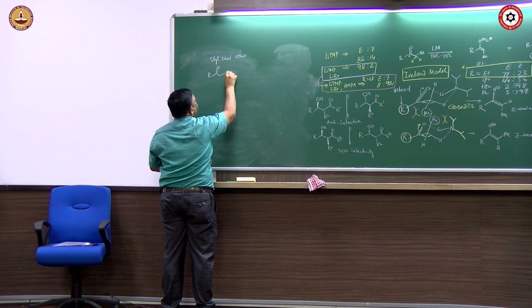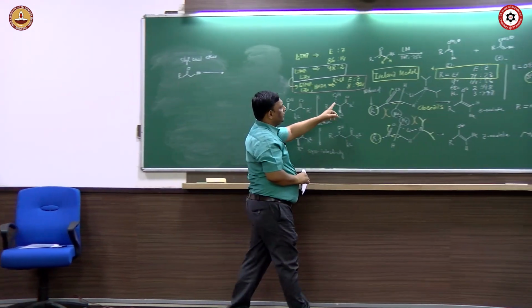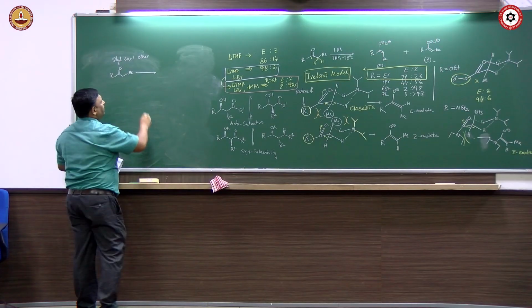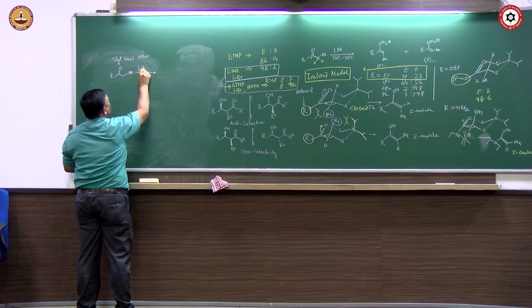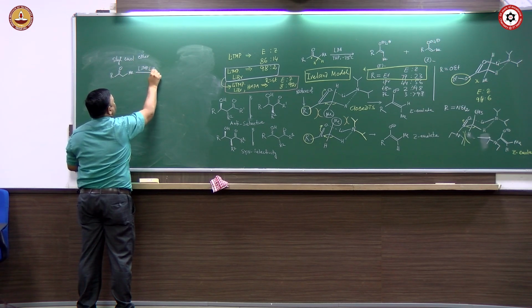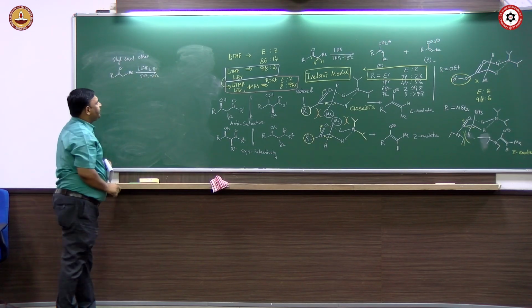If we take this substrate, we know how to get the E enolate. So this is the one: lithium TMP, lithium bromide in THF at minus 78 degrees centigrade.